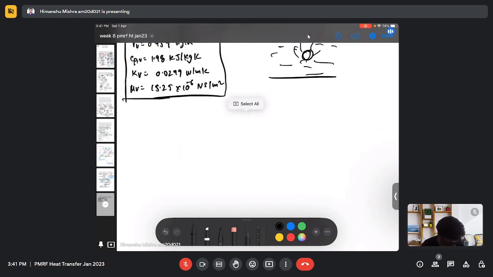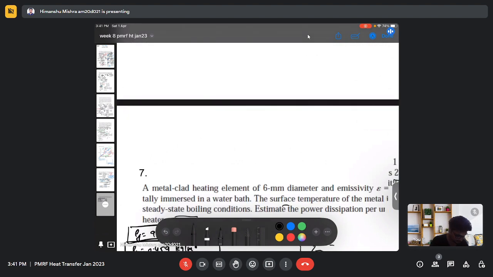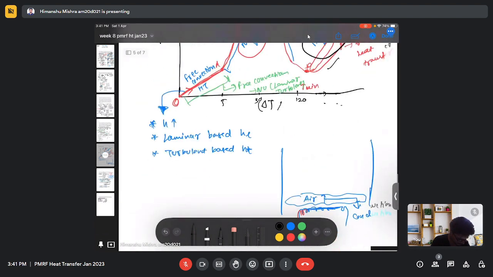So here my excess temperature will be, this is the given surface temperature of the heater, and this is my saturation temperature, and my excess temperature will be 155 degrees Celsius. So it will lie somewhere here.